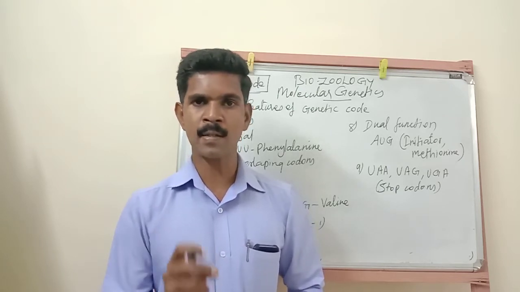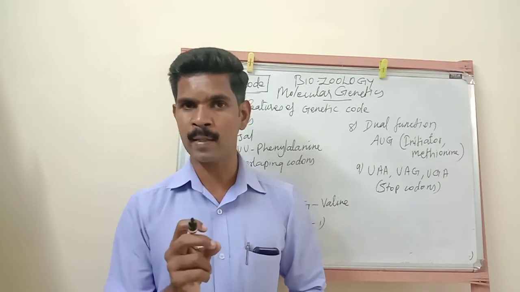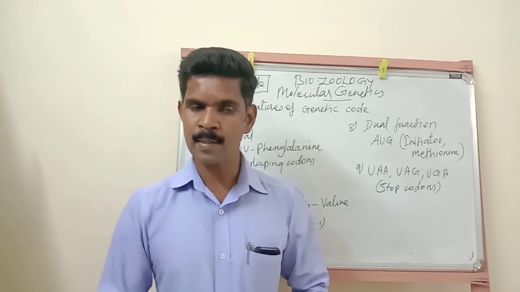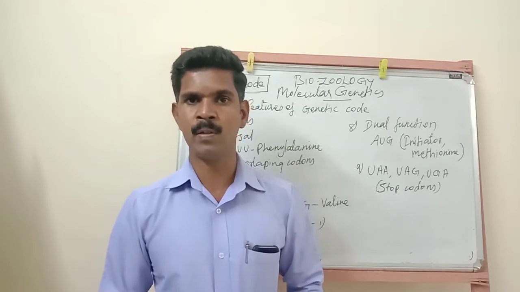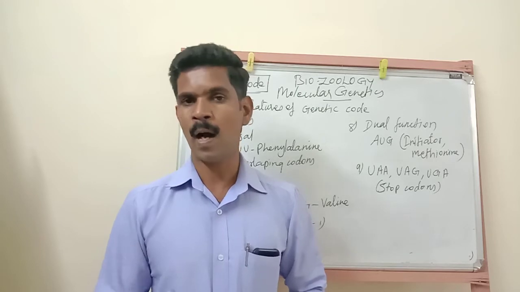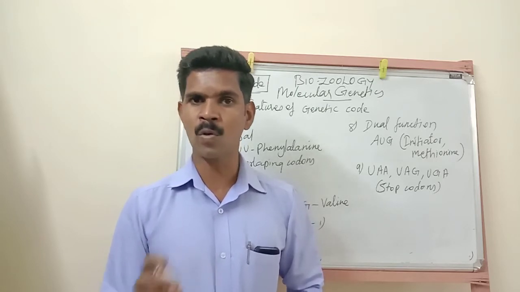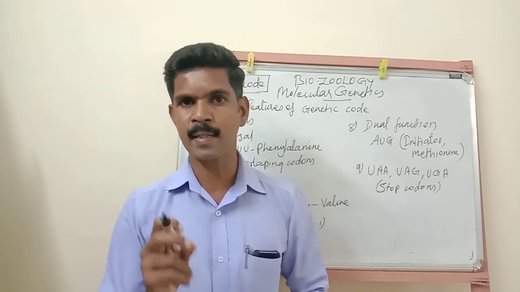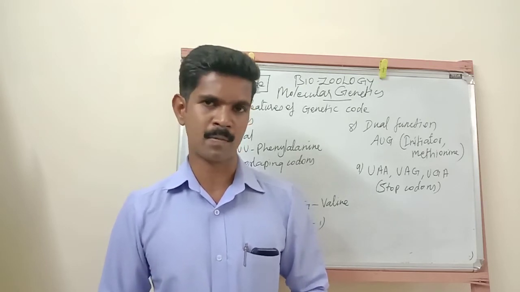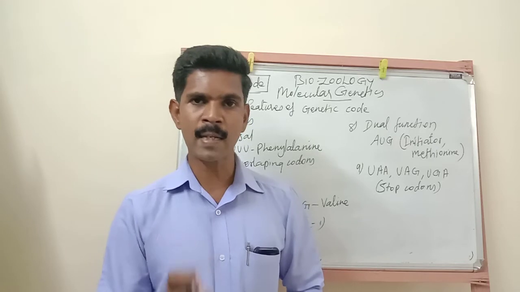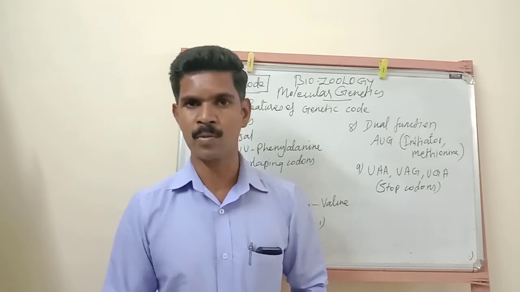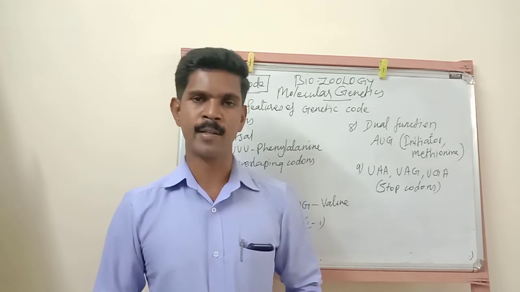So three letters are present in one codon, and each letter is called a code. Triplet form means three codes together forming a single codon. Hope you understood the meaning of genetic code.